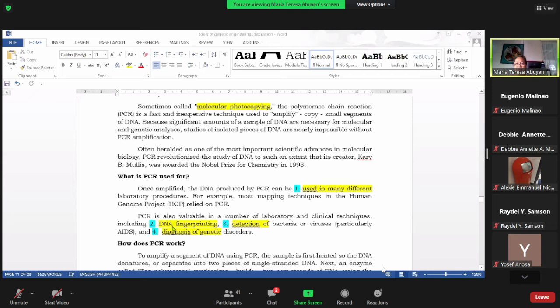Another use is DNA fingerprinting. Do you know what DNA fingerprinting is? It is a technique to identify the sequence of your DNA. It is used to identify who your mother, your father, or your siblings are. We read the sequence of your DNA, and we call that process DNA fingerprinting. For example, in a crime with a dead victim, there is a blood sample.